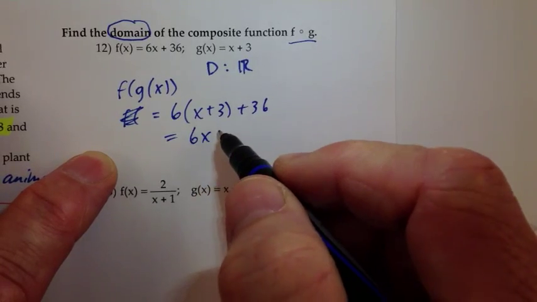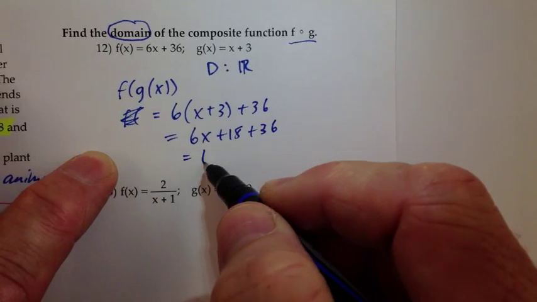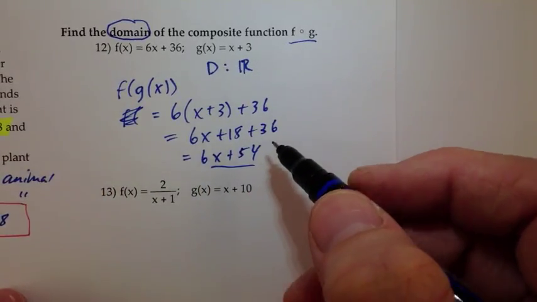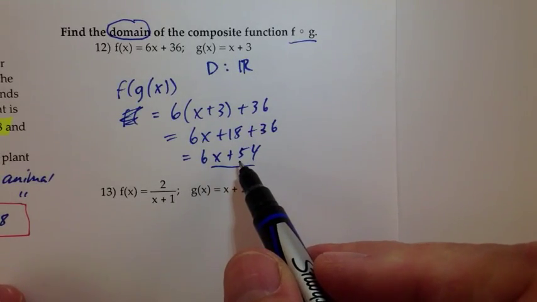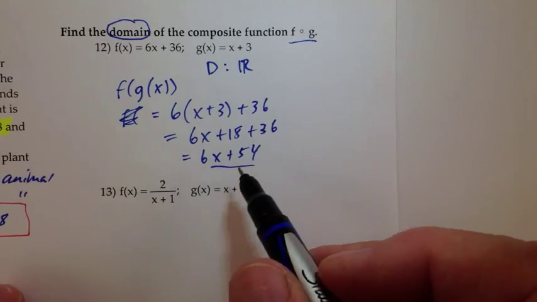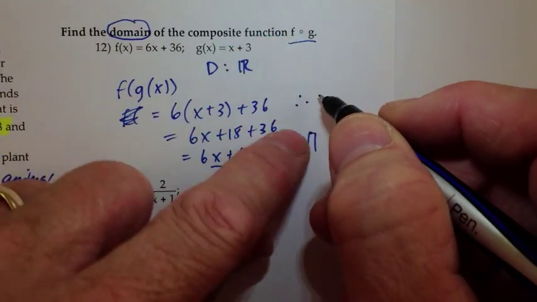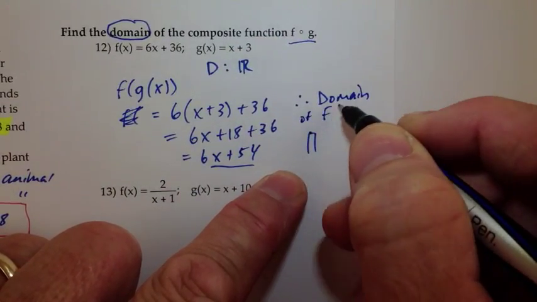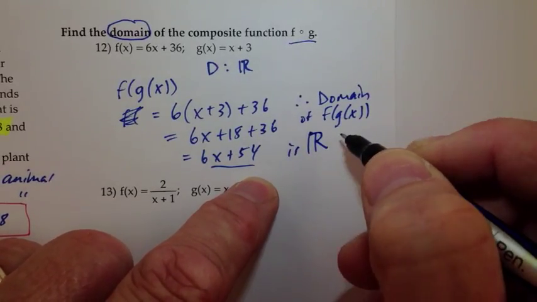You don't need to actually do all the rest of this if you don't want to, but when you simplify f of g of x, you can see that it's a linear function, which is a polynomial function, and therefore the domain of f of g of x is all real numbers.